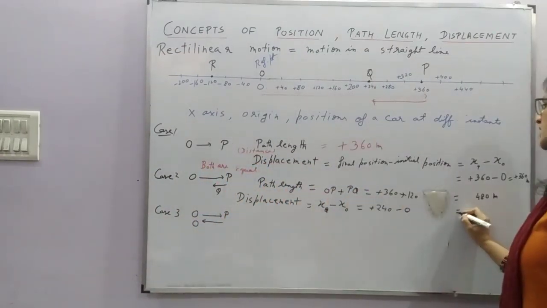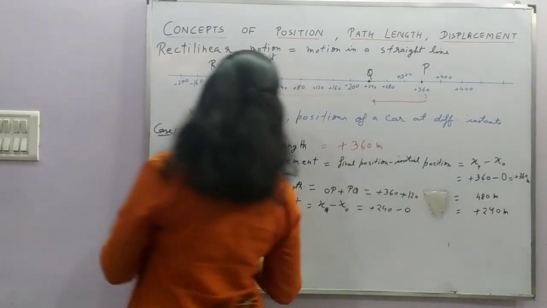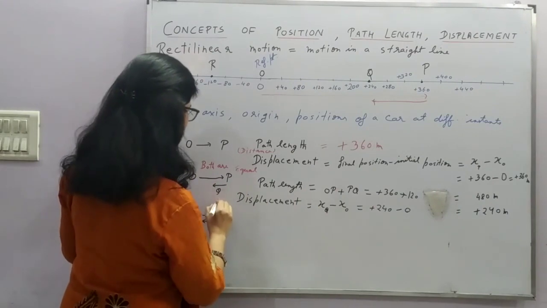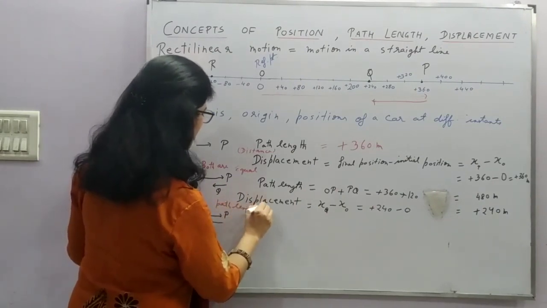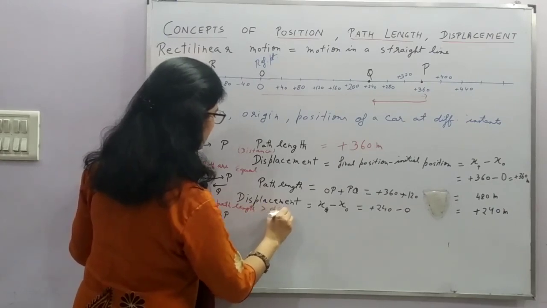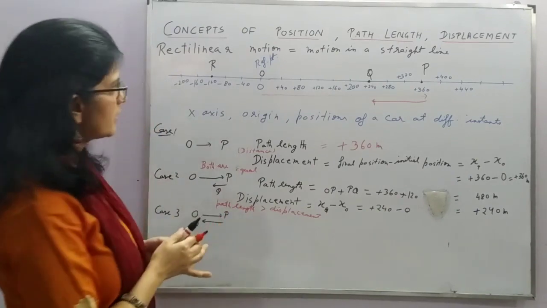So in this case, the displacement is 240 meters. So here path length is greater than displacement.